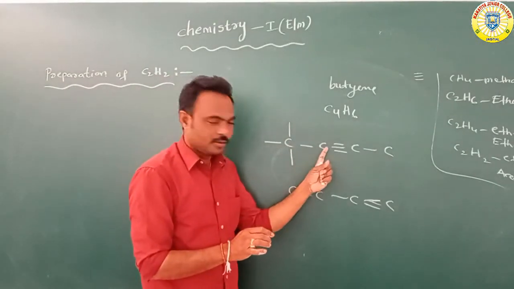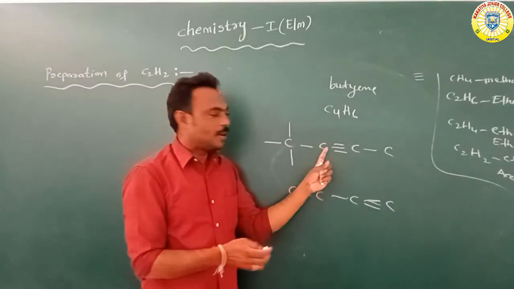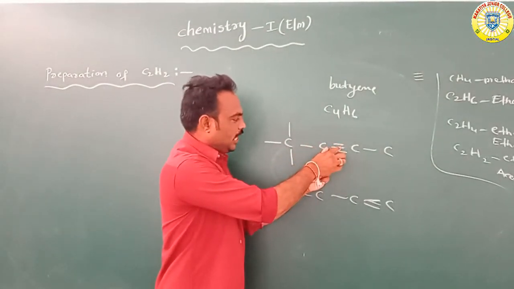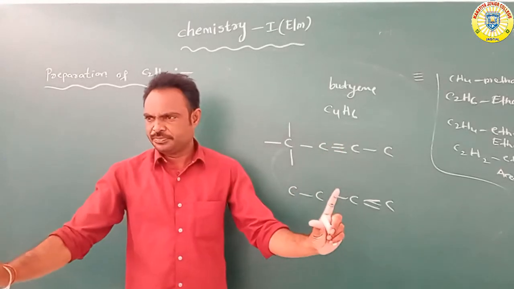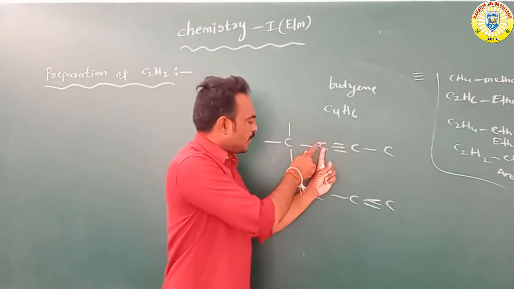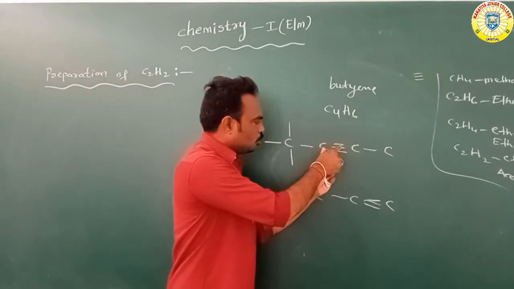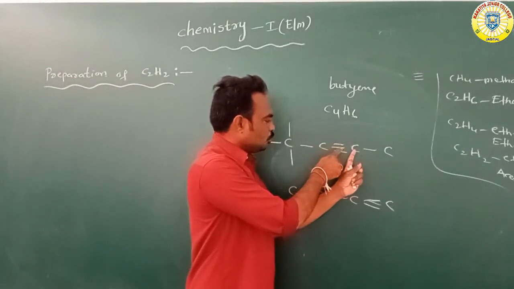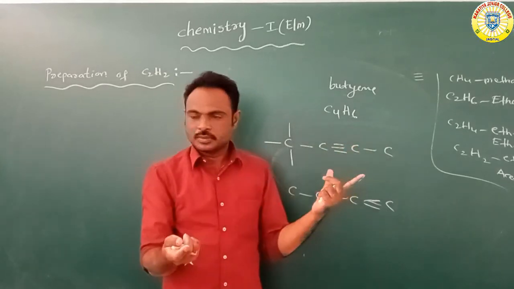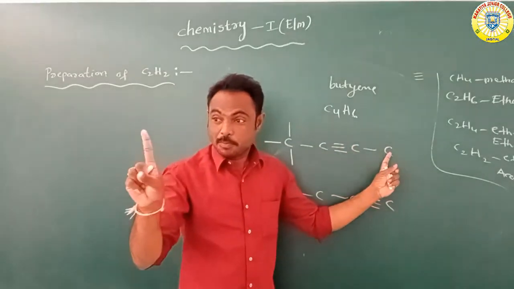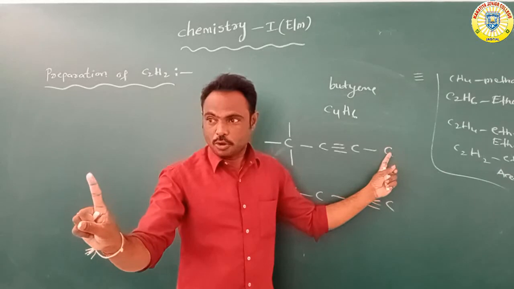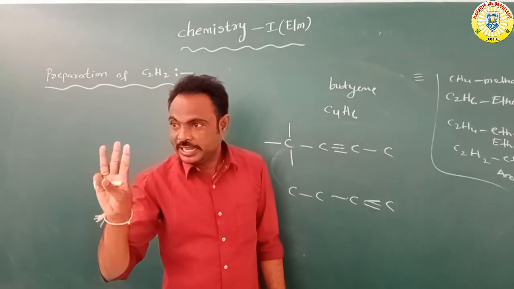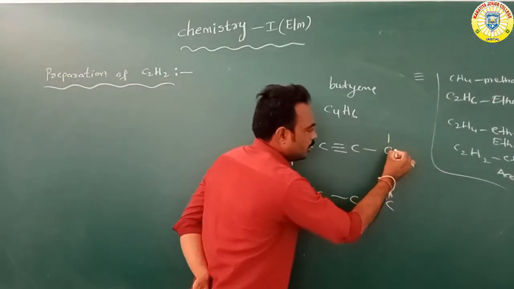This carbon contains 1, 2, 3, 4. It is fulfilled. You understand? This other carbon also has 1, 2, 3, 4. But this carbon has only one single bond. How many bonds are required? 3 bonds.